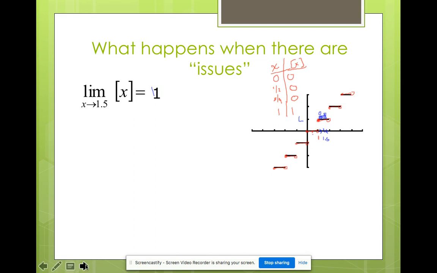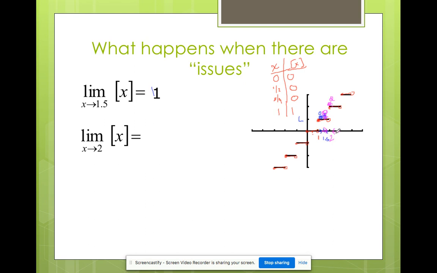But what about at 2? As I approach 2 from the left, the purple range walker is here, and as I approach 2 from the right, there's my range walker. My range walker girls are at different levels, right?